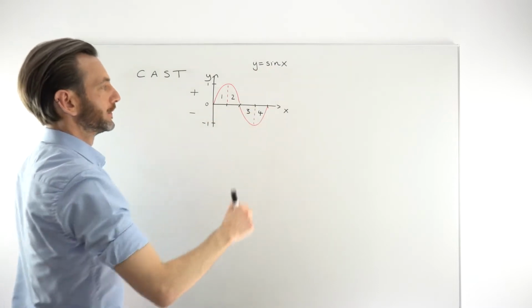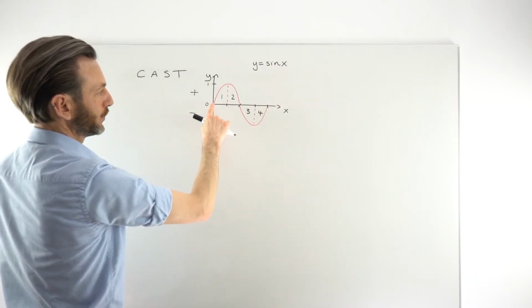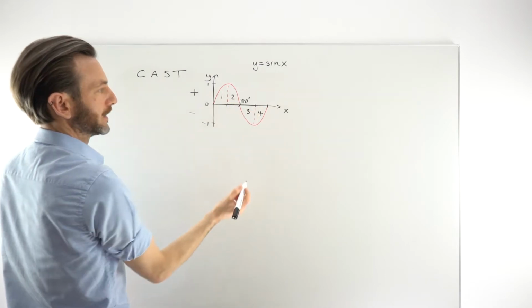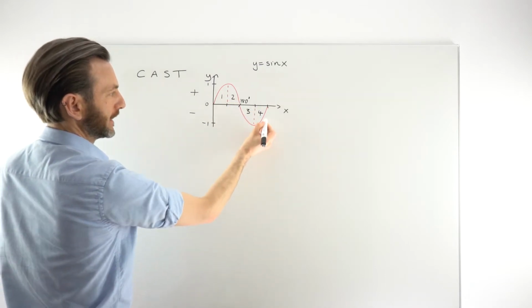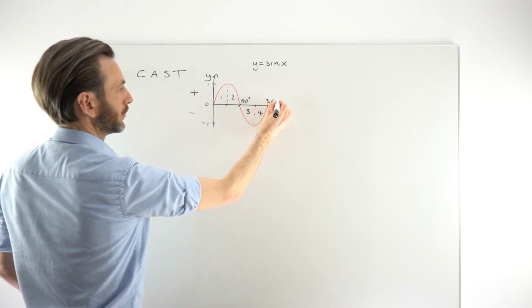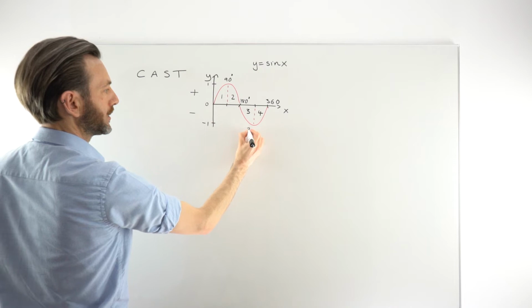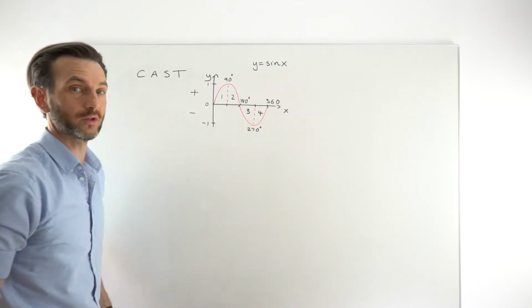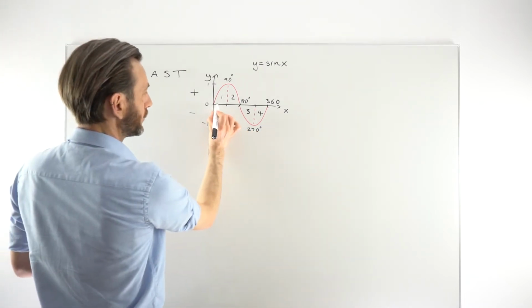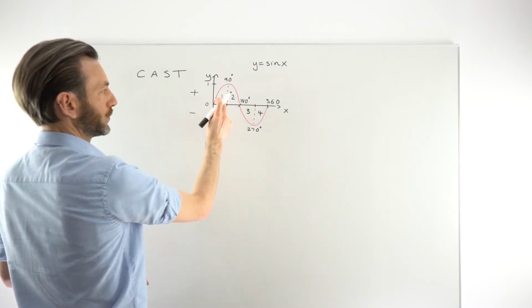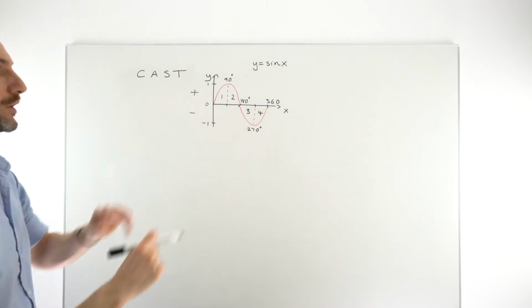The sine function is positive between 0 and 180 degrees, and negative between 180 and 360 degrees. The highest point corresponds to 90 degrees, and this one is at 270. So we're going along 0, 90, 180, 270, 360, and calling these quadrants 1, 2, 3, and 4.